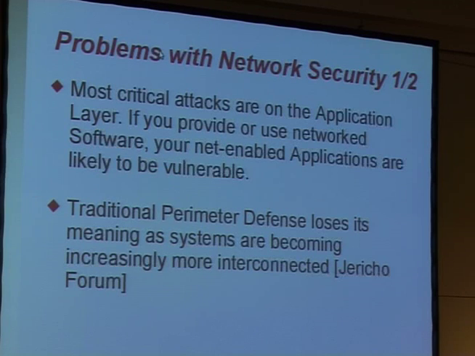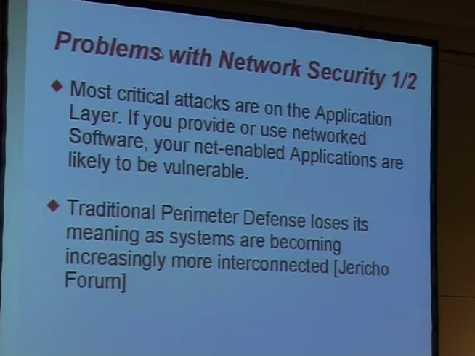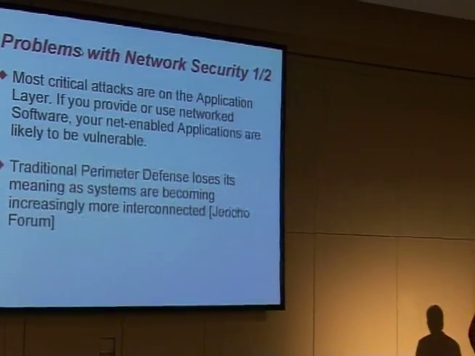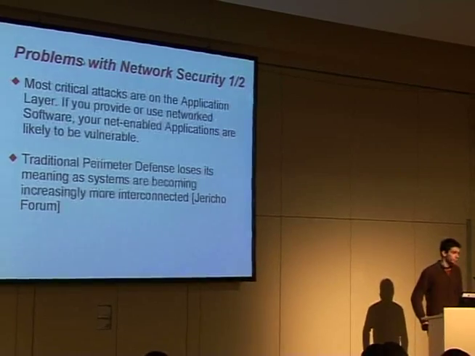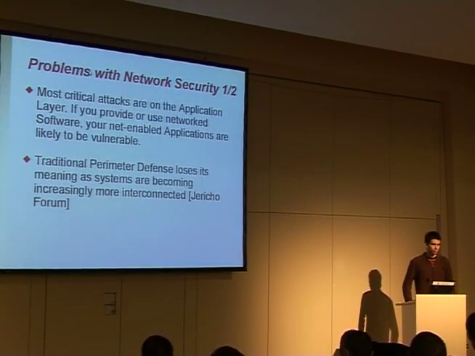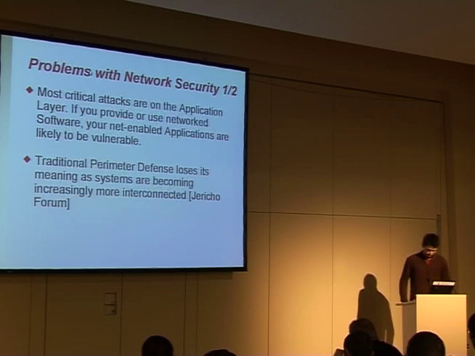But most of the critical attacks, even on the network layer, are on the application layer, based on bugs in the implementations and in the source code that defines the functionality. If you provide or use networked software, you can be darn sure that your net-enabled applications are likely to be vulnerable to various kinds of bugs, mostly bug classes that are well known but still find their way into source code all the time.